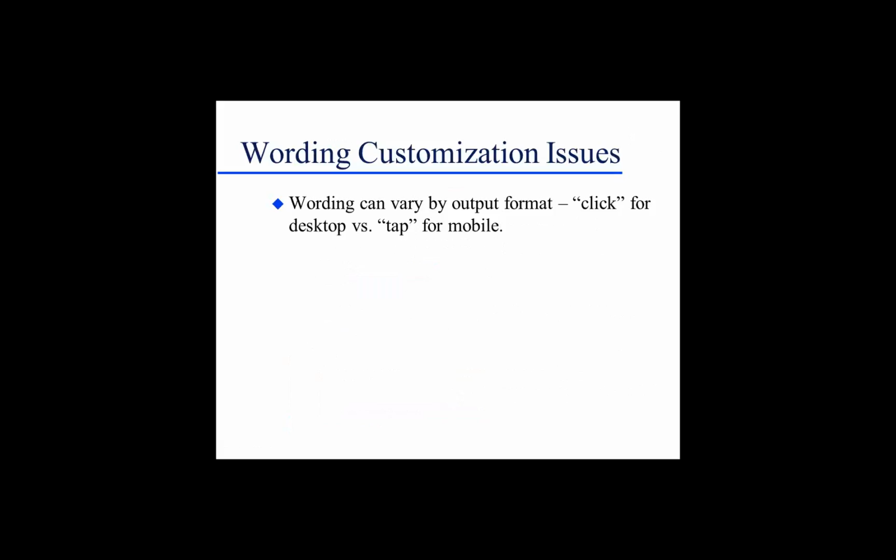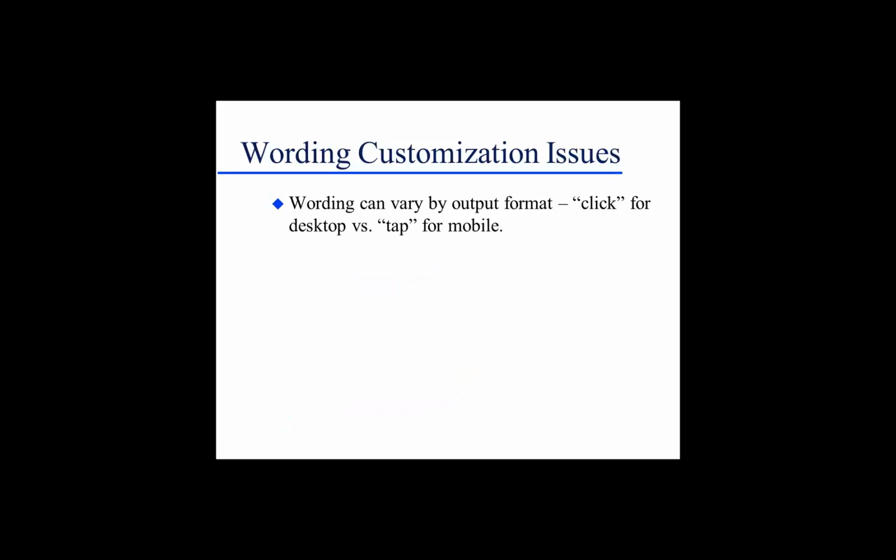But in mobile outputs, we would say tap the button. Problem is, that's fine if you're creating two outputs, one for desktop and one for mobile. But what happens if you're creating one output that's responsive design, and that one output is going to change from desktop to tablet to whatever.